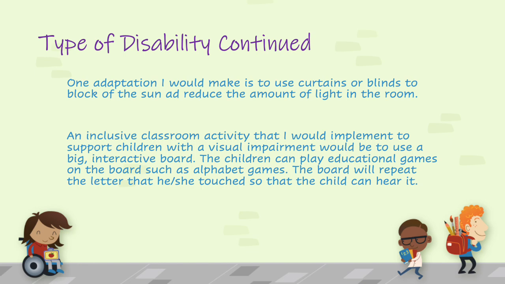An inclusive classroom activity that I would implement would be to use a big interactive board. The children can play educational games on the board, such as alphabet games. The board will repeat back the letter that she touched so that the child can hear it instead of see it.